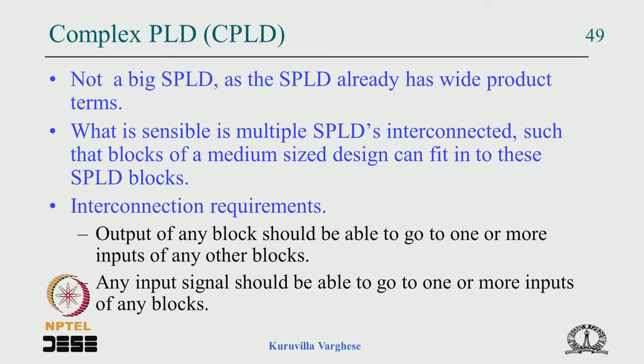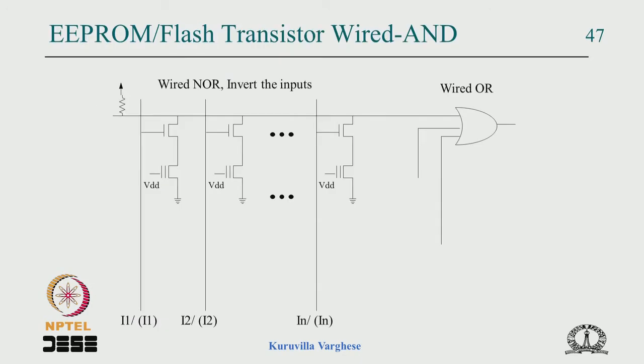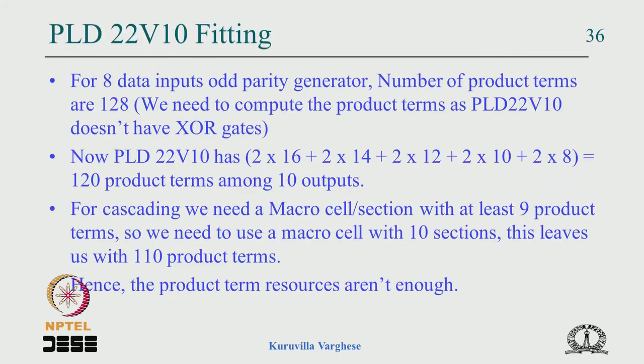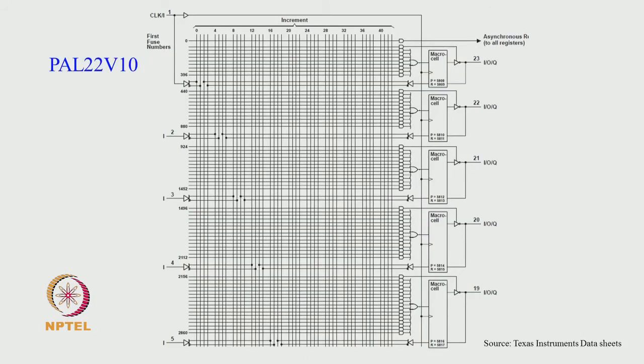And we looked at the complex PLD, and we said that there is no point in, like, you take a 22V10 kind of PLD, and this already is quite huge. You take, there are sections with 16 product terms, which many a times one does not require, and each AND gate is kind of 44 input AND gates.